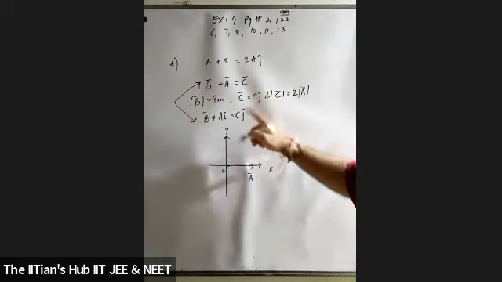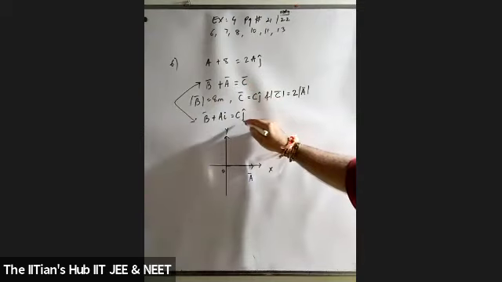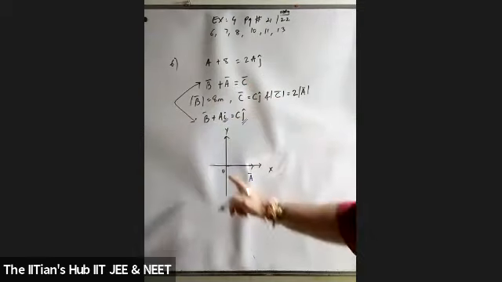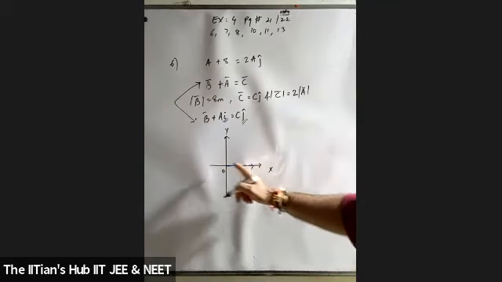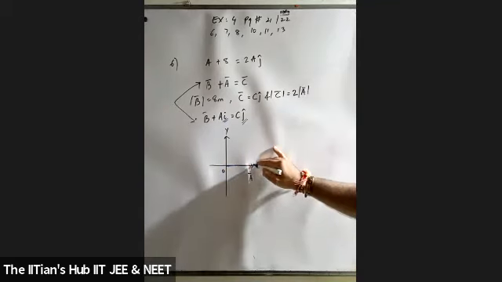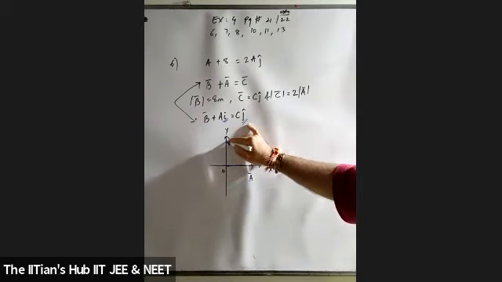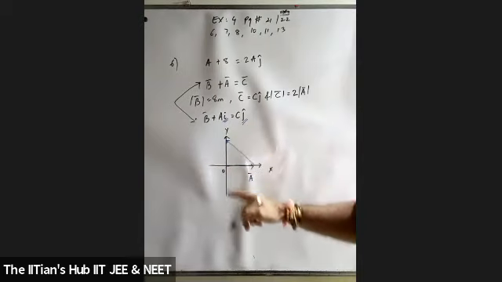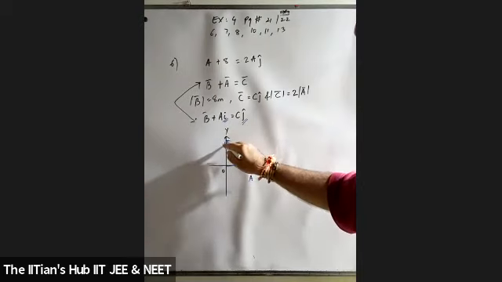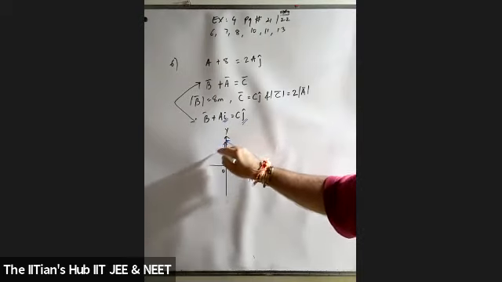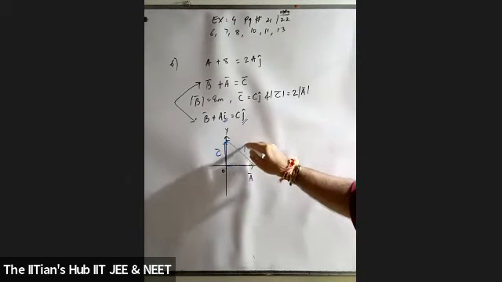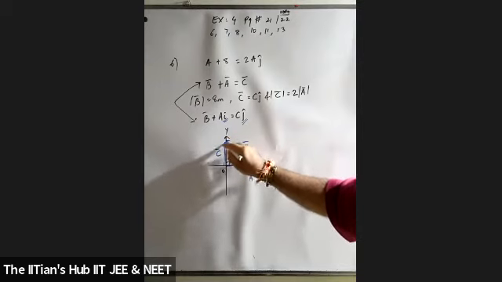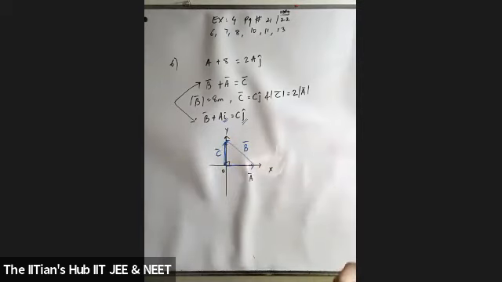Can I say the y-axis is always perpendicular to the x-axis? Students, the y-axis is always perpendicular to the x-axis. So if this is tail to head, tail to head, the tail of the first vector to the head of the second vector, then my second vector will go this way. Means my resultant vector is this and my vector B will be this. Is this clear to all of you? Is this diagram clear to everyone?